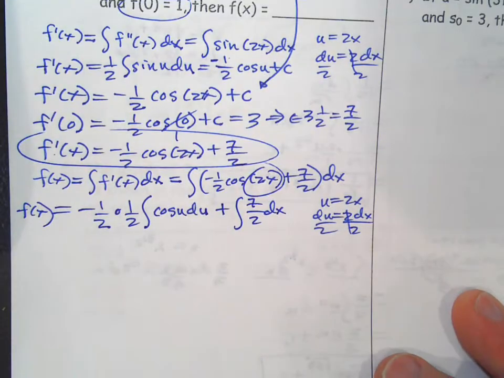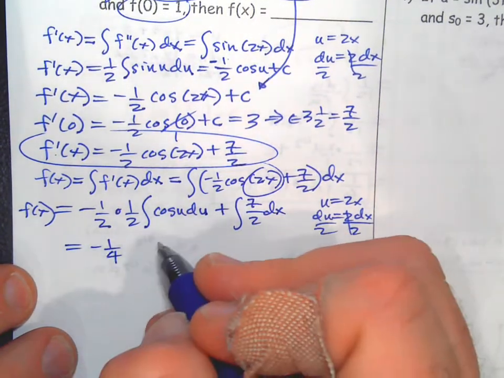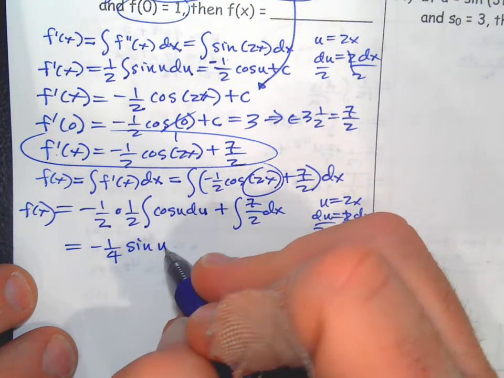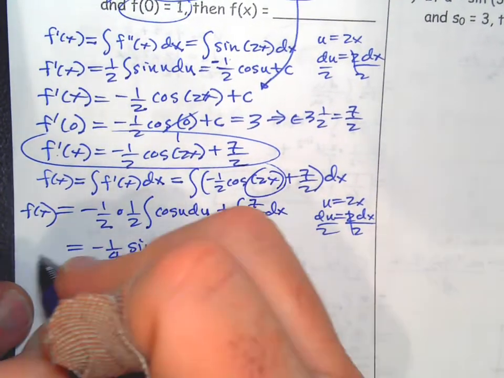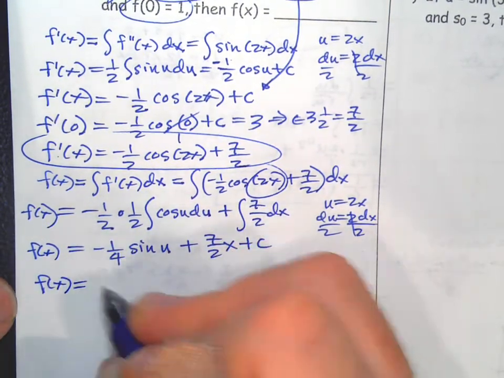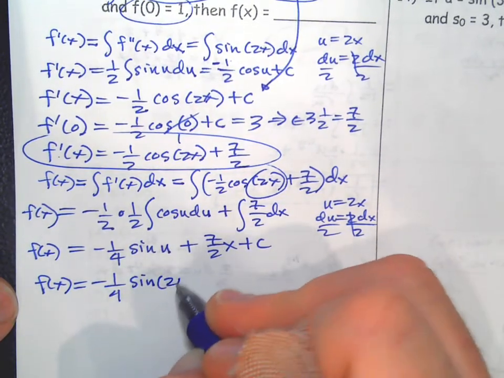Don't do the u stuff for that one. It doesn't need it. I mean, you could probably try and use it, but you're probably going to mess it up. So you have negative 1/4 sine, because the derivative of cosine is sine. This is going to be 7/2 x plus c. We've got to change it back to all x variables. So u was 2x.